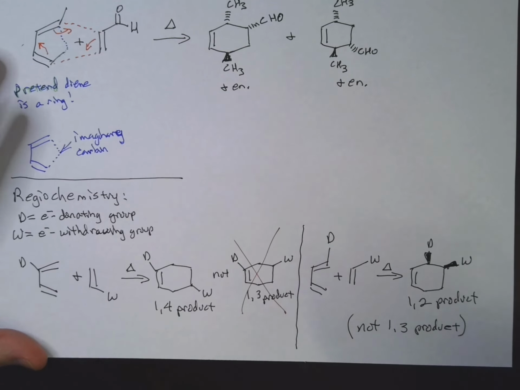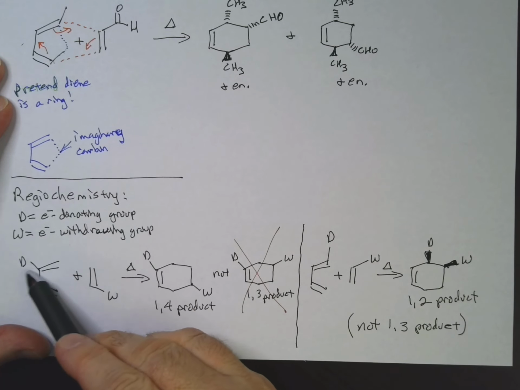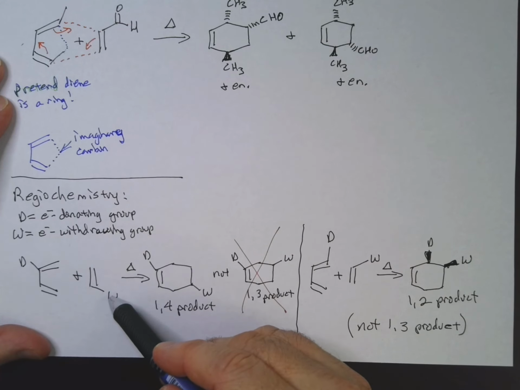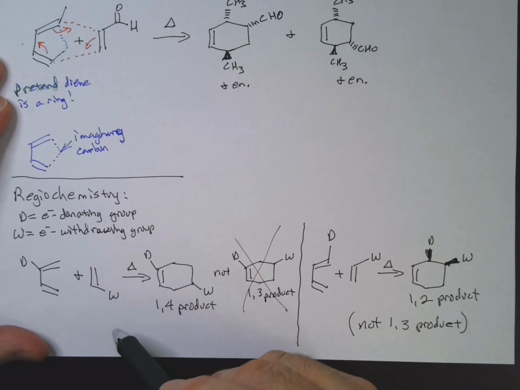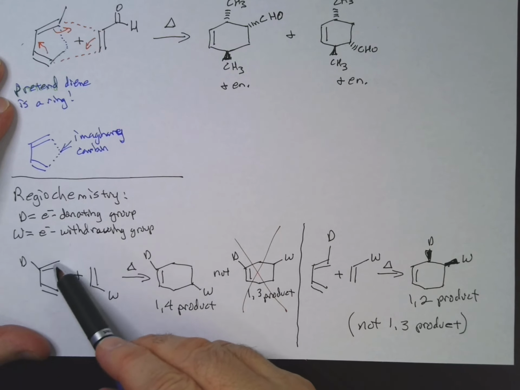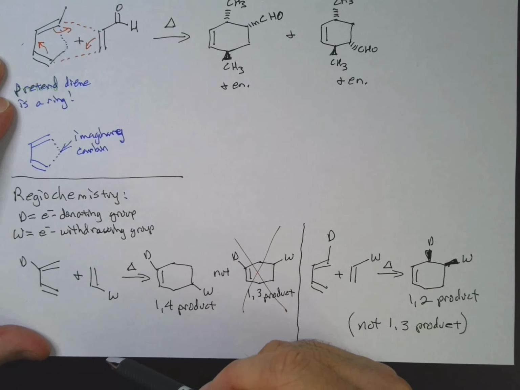Why is that? Well, it has to do with the interaction between the electron donating group and how it affects our orbitals, and the electron withdrawing group and how it affects these orbitals. And basically, we want to get our extra electron density to line up with less electron density.